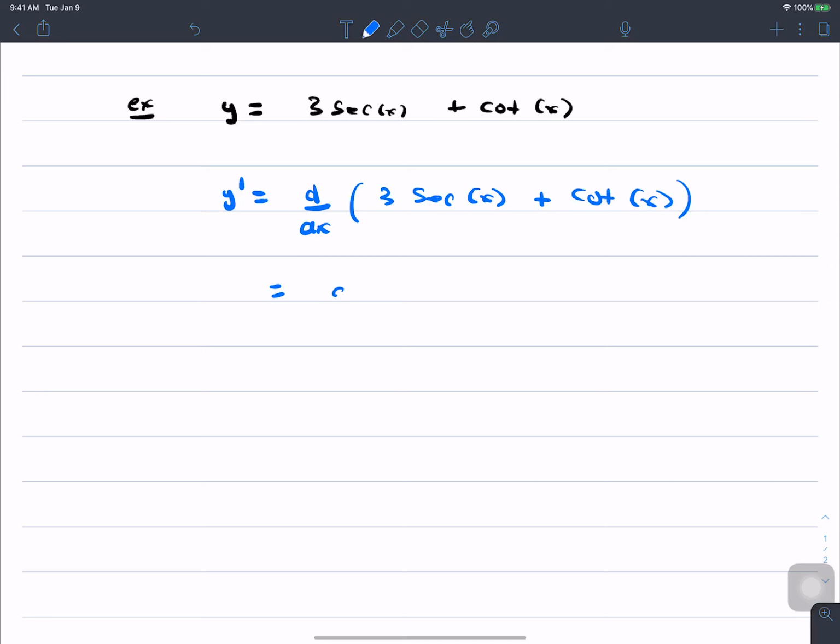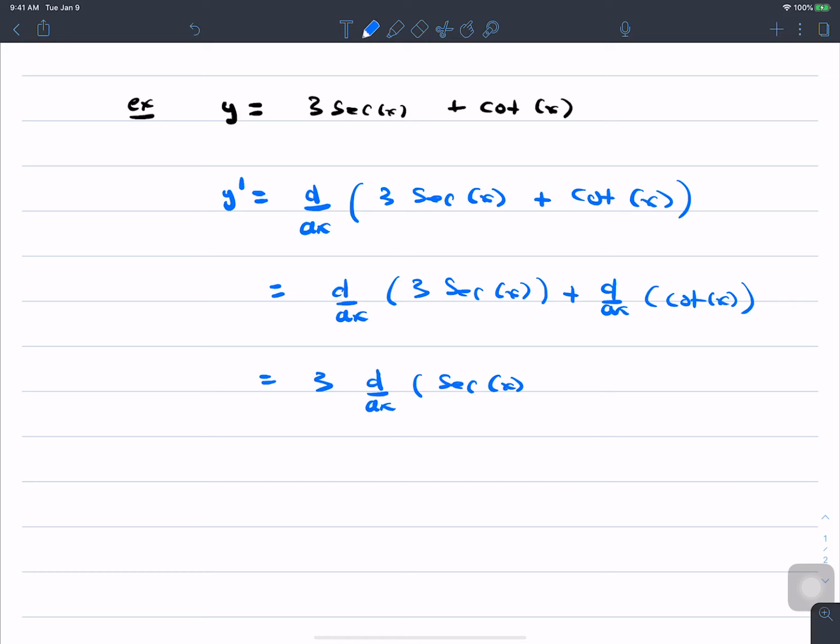So remember, use your operator notation. So this will be 3 times the derivative of secant plus the derivative of cotangent. So you can pull out your 3. And you have secant plus the derivative of cotangent.